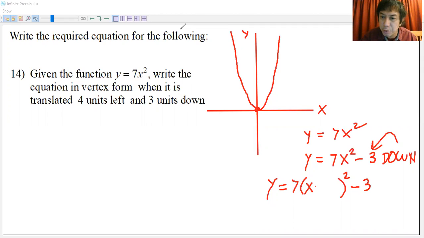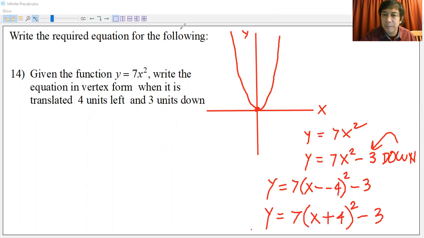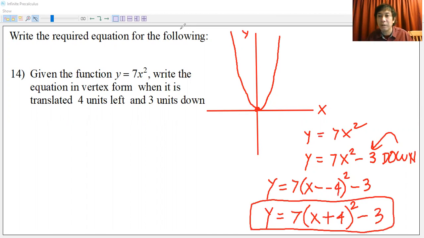So we're going to subtract a negative there, and minus a negative is plus. So this will finally be y is equal to 7 times the quantity x plus 4 squared minus 3. That should be it.